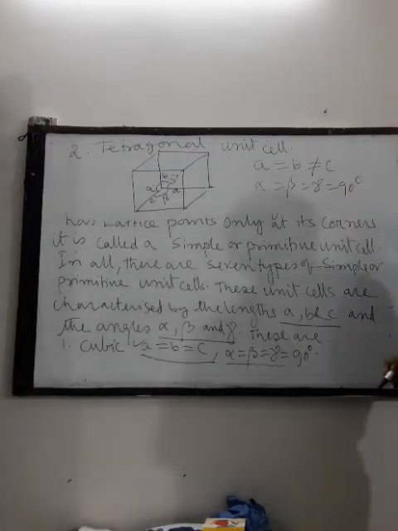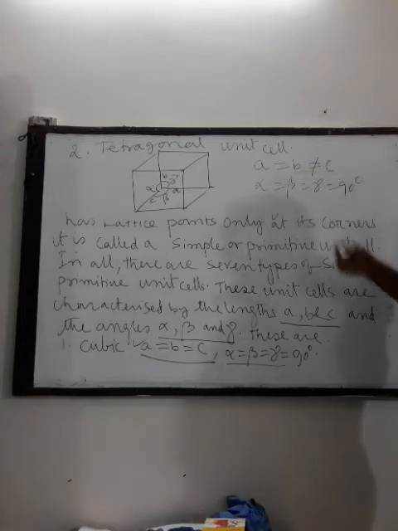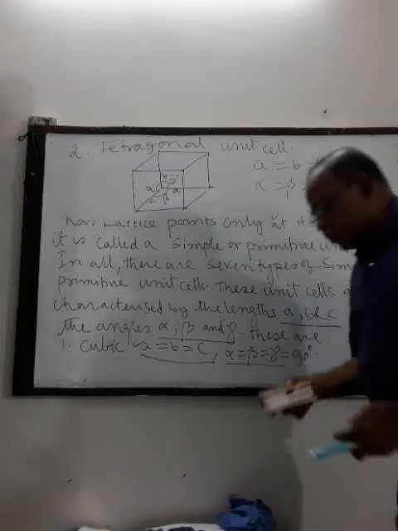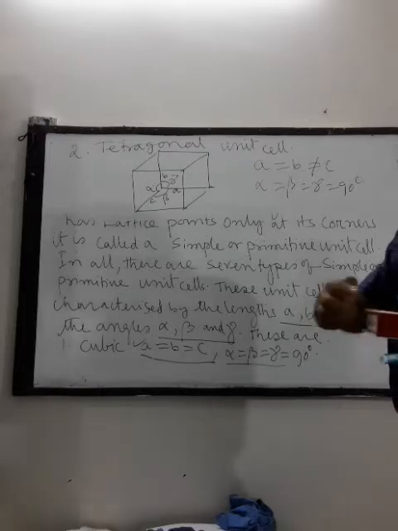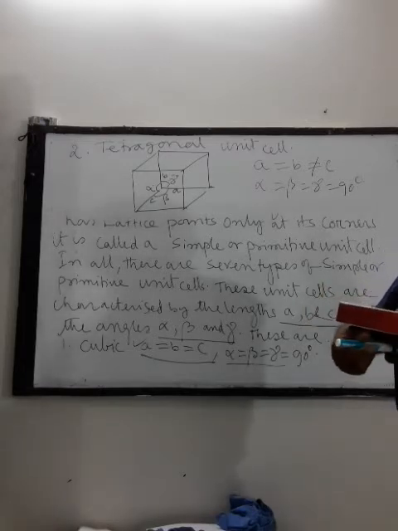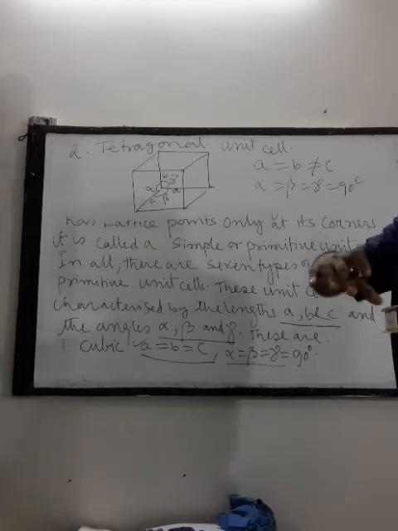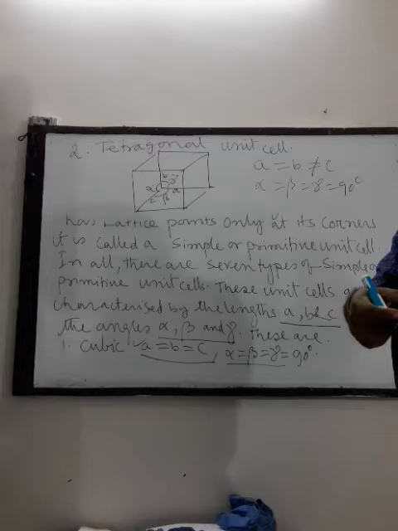So if in any unit cell two sides are the same and the third side is different, say if we consider this as the unit cell, this one represents A and this one represents B. So two sides are the same, but the third side, which represents C, is different.